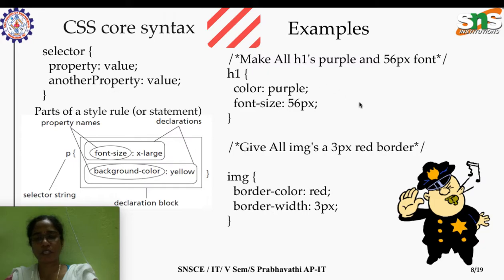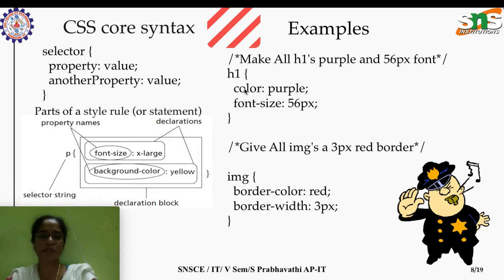Here we have given one example, h1. h1 is a heading element whose color is purple. I hope you are all following with me. Color is the property name, colon, then some color. Each and every declaration should have a semicolon. Next, font size is 56 pixels. The only thing that troubles you is you may not be aware of the property names.